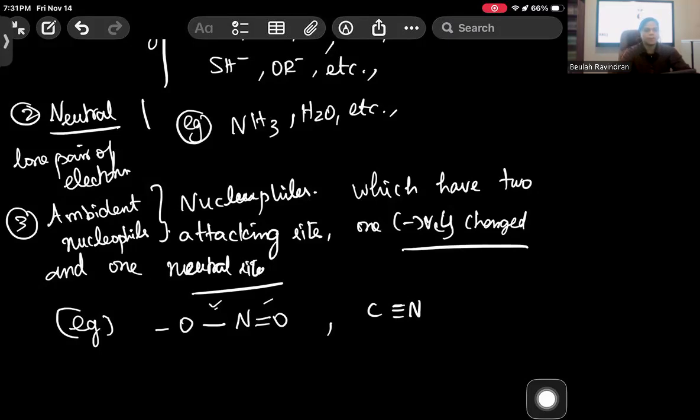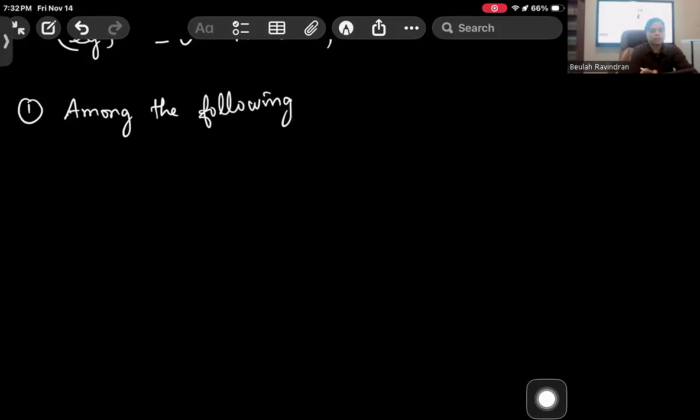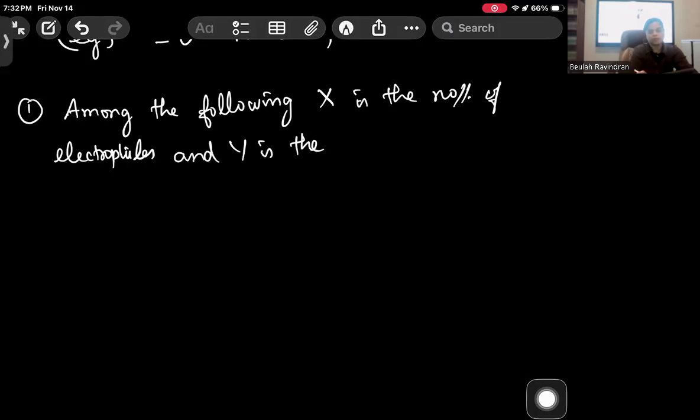Suppose you are given questions based on this. So take down the question on nucleophile and electrophile. Question number one: among the following, X is the number of electrophiles and Y is the number of nucleophiles.